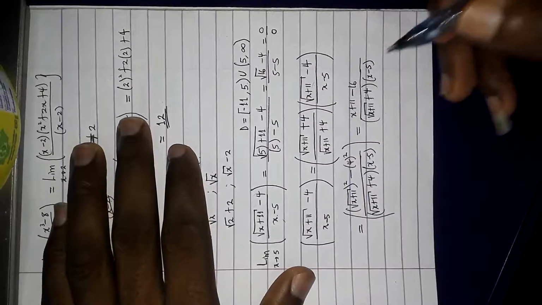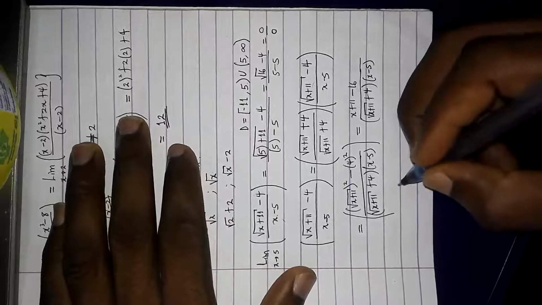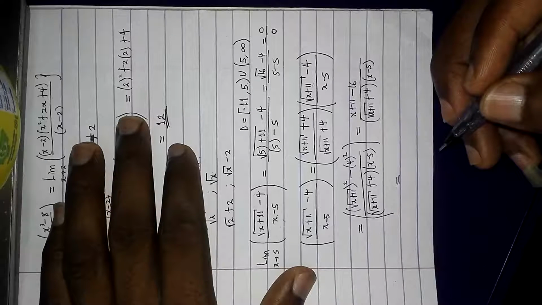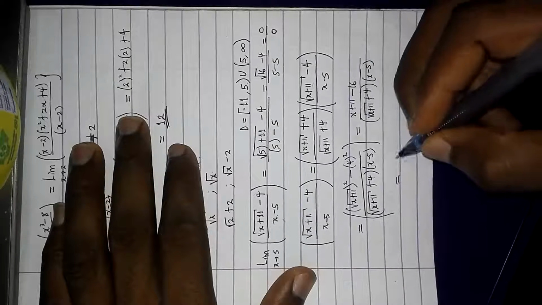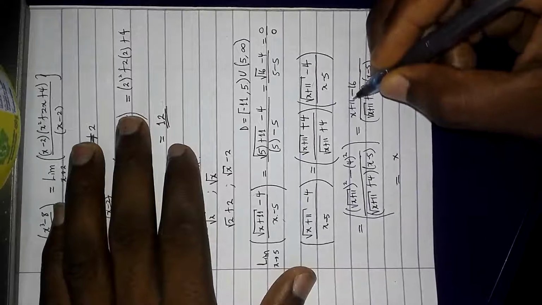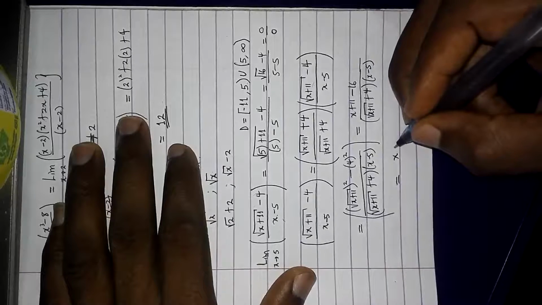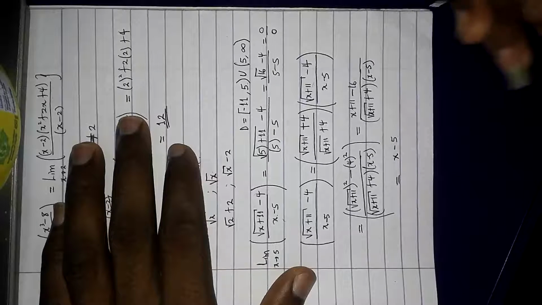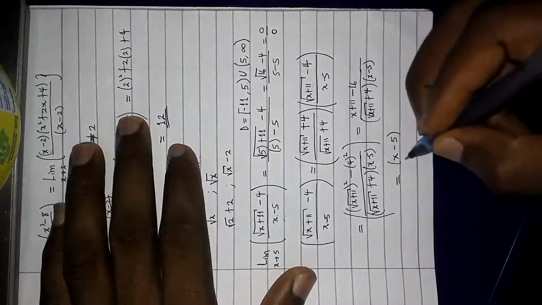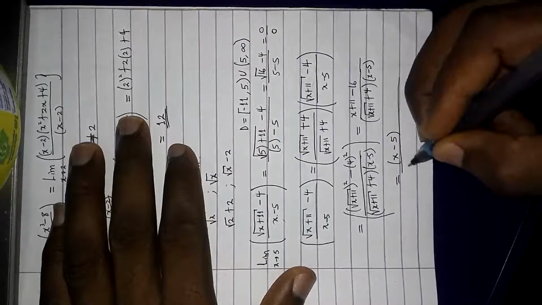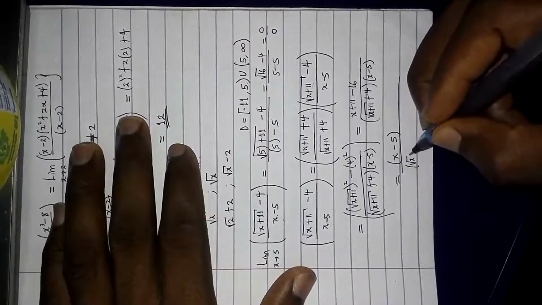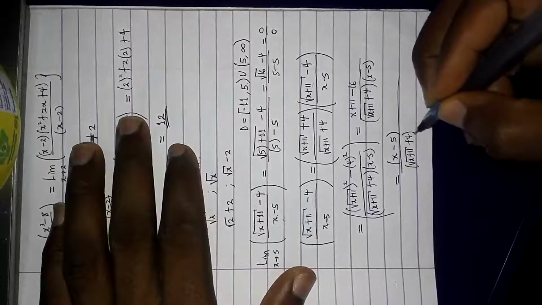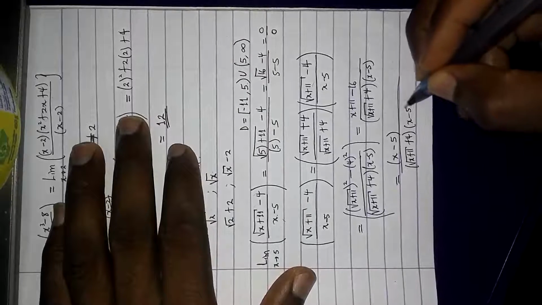Now from here we can simplify further. This is going to give us x plus 11 minus 16, that's going to be x minus 5. You see that? Then this divided by square root of x plus 11 plus 4, then multiplied by x minus 5.